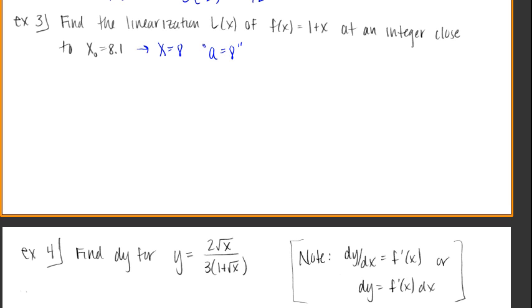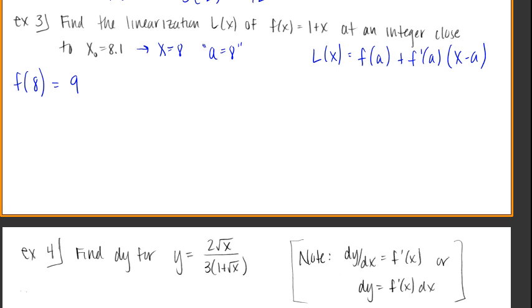So for the linearization, L of x is equal to the function evaluated at our a value plus the derivative evaluated at a times x minus a. First, the function evaluated at our a value, which I'm picking to be 8, the closest integer to 8.1, is 1 plus 8, which is 9. Then we take the derivative of our function.